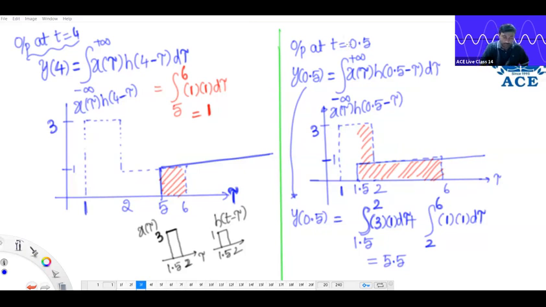Output graph cannot flow in the air, it will come downwards. I am moving to the next slide.